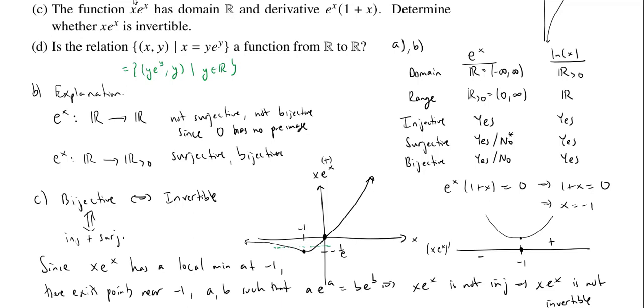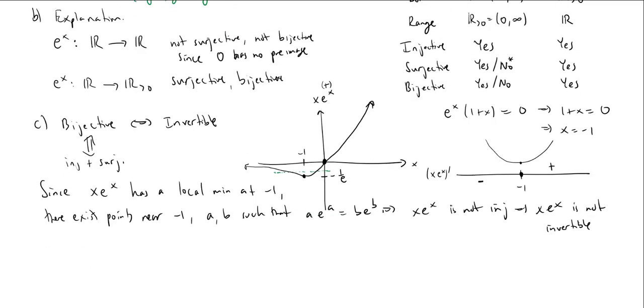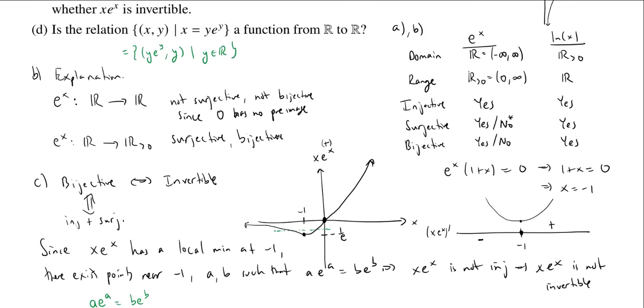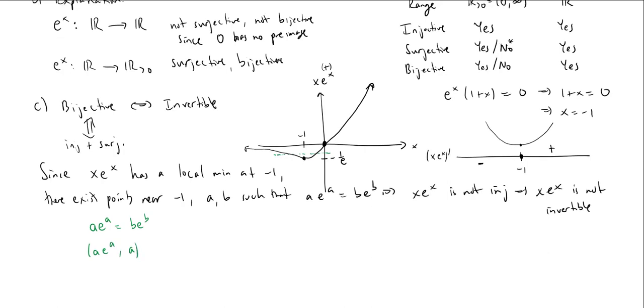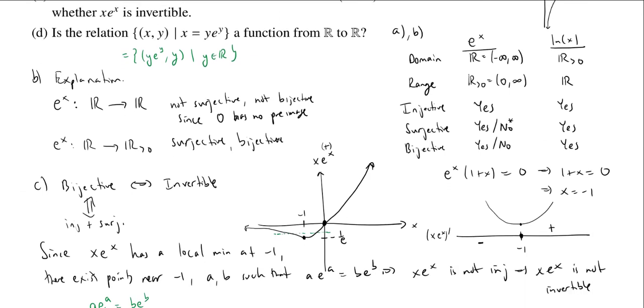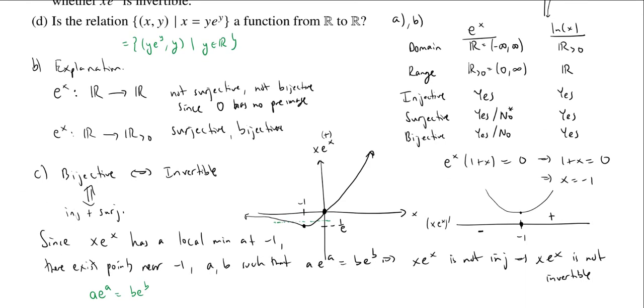But we actually just showed that if we write down, for example, A e to the A, that this is exactly equal to B e to the B. And so in the relation that we have up above, we could have A e to the A, comma A. All right, so this would make sense because in the second component, we have some element, and in the first component, we have that element times e to that element.